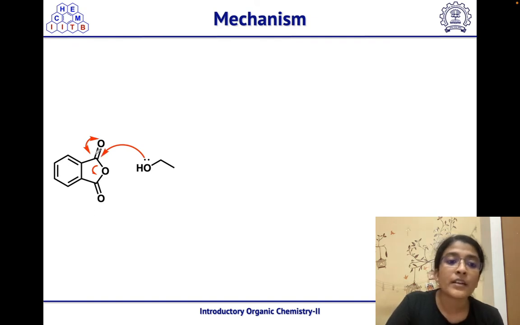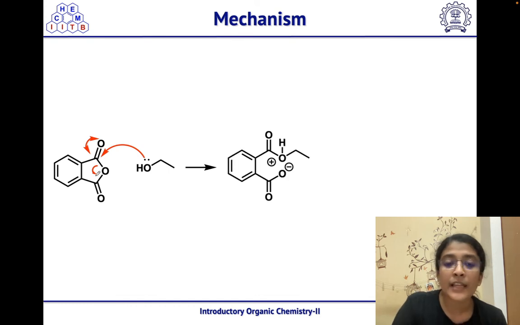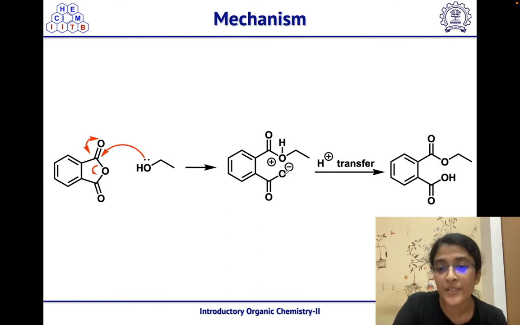Then this carbon oxygen double bond will break. It will lead to a tetrahedral intermediate. Then once it is falling back, this carbon oxygen bond will break and it will lead to formation of this intermediate, where there is a positive charge on this oxygen atom and a negative charge on this oxygen atom. Now, when there is a proton transfer from this oxygen to this oxygen, it will lead to formation of this product.